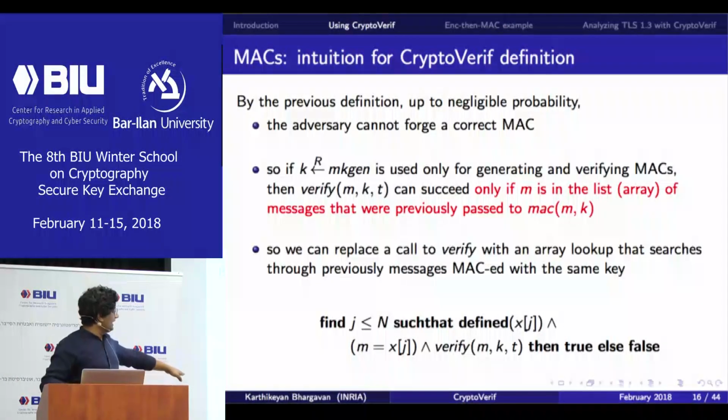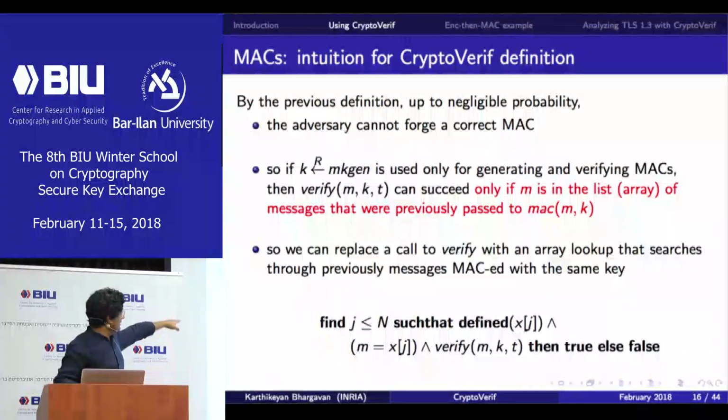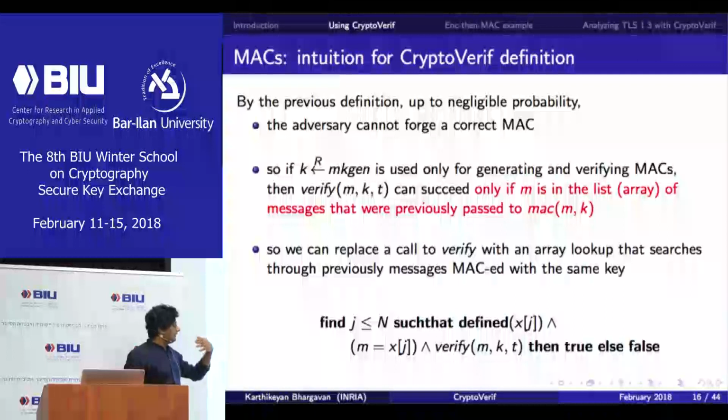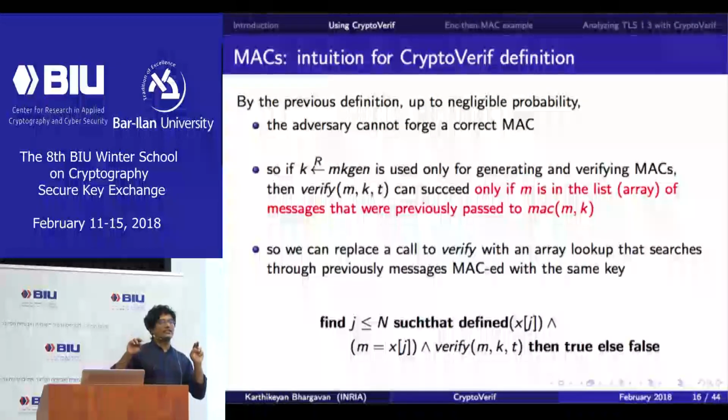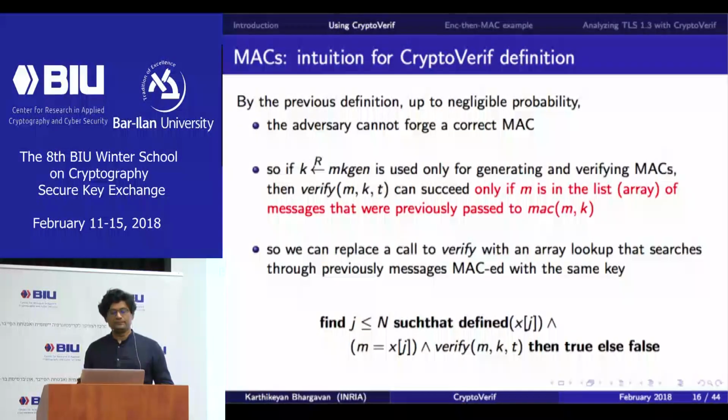Okay, so you can use that assumption, which is that verify will only succeed if the value you're trying to verify was MACked in some previous session, to transform the verification function into something which has a stronger guarantee.